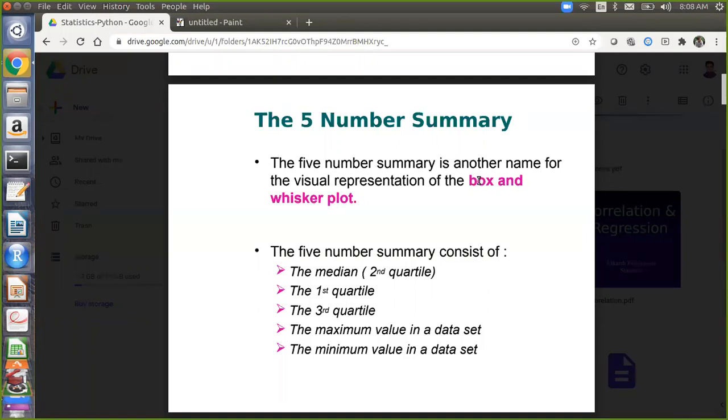Does anyone know what the first quartile and third quartile in a box plot are? 25% and 75% of the values. Okay, so the third quartile represents the 75th percentile, and the first quartile represents the 25th percentile value. The second quartile represents the 50th percentile value in your data set, and finally the maximum value or minimum value in your data set.